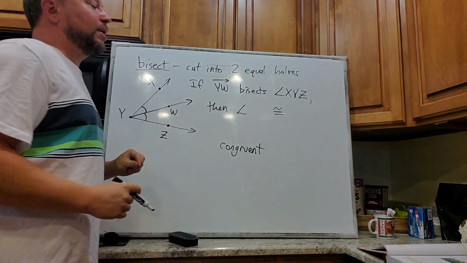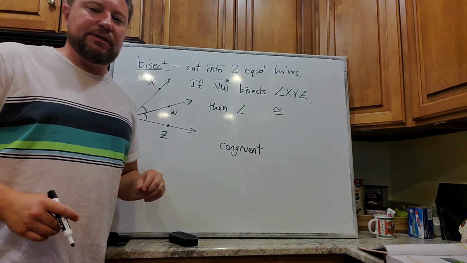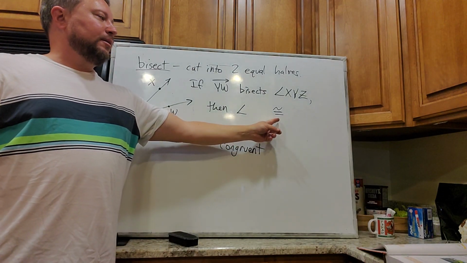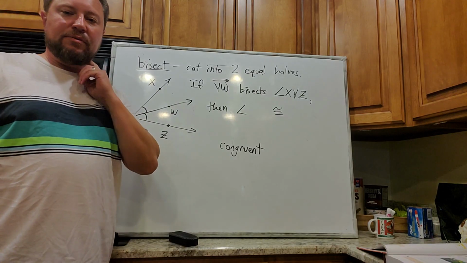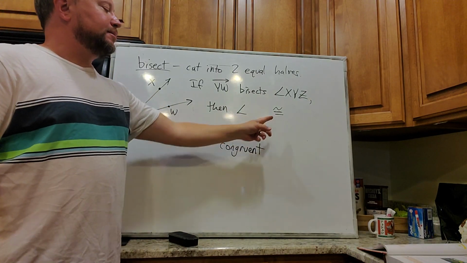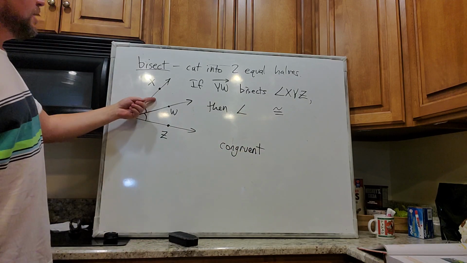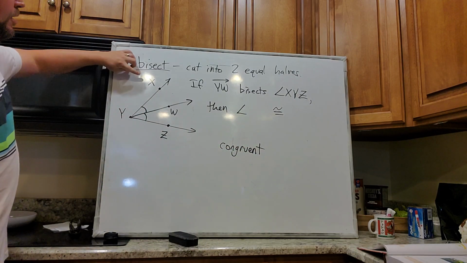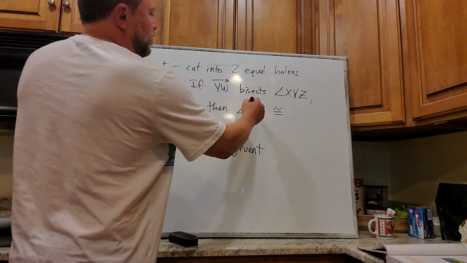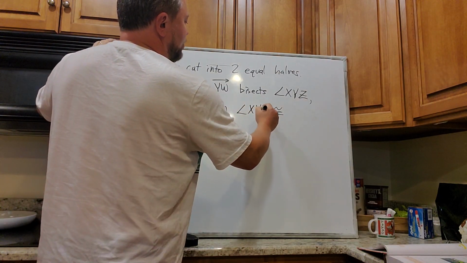I'm trying to remember if I had mentioned that in that geometry lesson. I know it was rather long. I apologize again, but I hope my lessons otherwise might be a little bit shorter. But that's the symbol for congruent. So if I want to say this top and bottom half are congruent, the top half would be angle X, Y, W. Remember, it's just like you're tracing the angle.